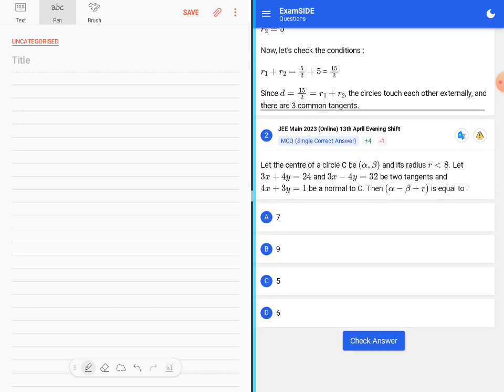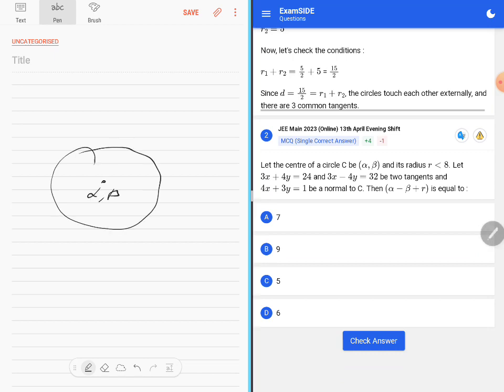Let the center of the circle be alpha comma beta, where r is less than 8. Let 3x plus 4y is equal to 24 and 3x minus 4y is equal to 32 be the two tangents.